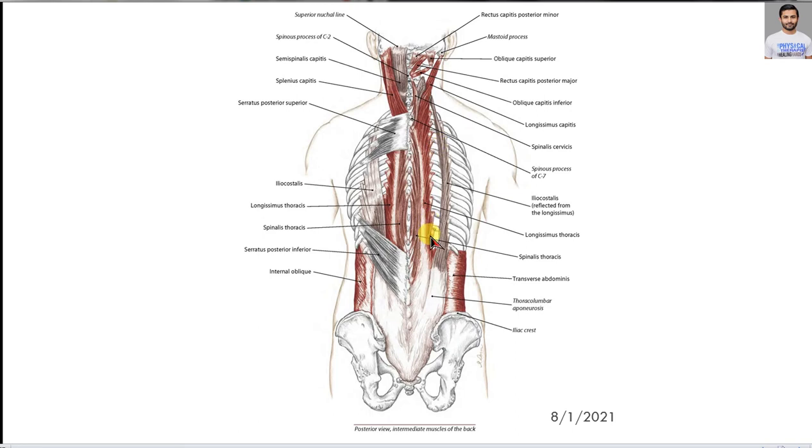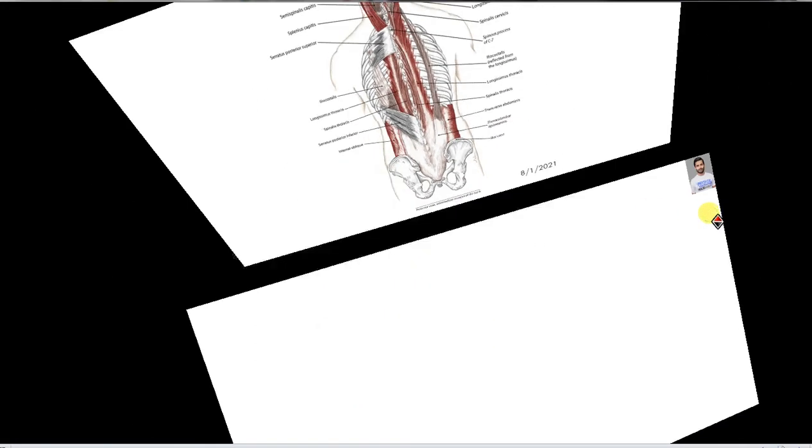Then you have longissimus, longissimus capitis or longissimus thoracis. Then you have the spinalis thoracis. So these are three muscles that you should remember: longissimus is one, spinalis is the other, and iliocostalis is the third.